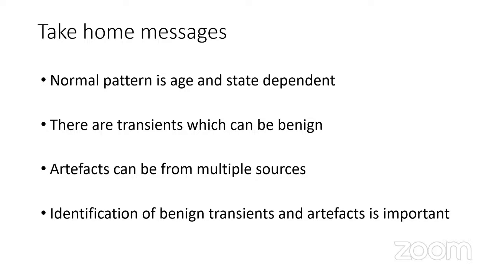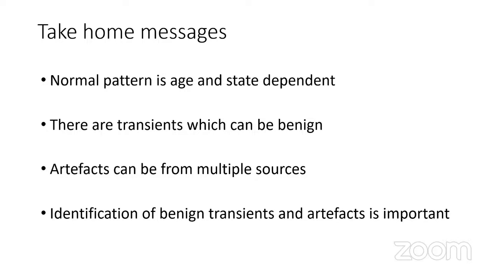So artifacts can be any source external to the brain, which can be patient related or environment related. The best way to identify artifacts is that the more and more we look at them, we learn to identify them by visual impression. But another useful source is to have a look at the videos. If we do not have them, we can look at the annotations.